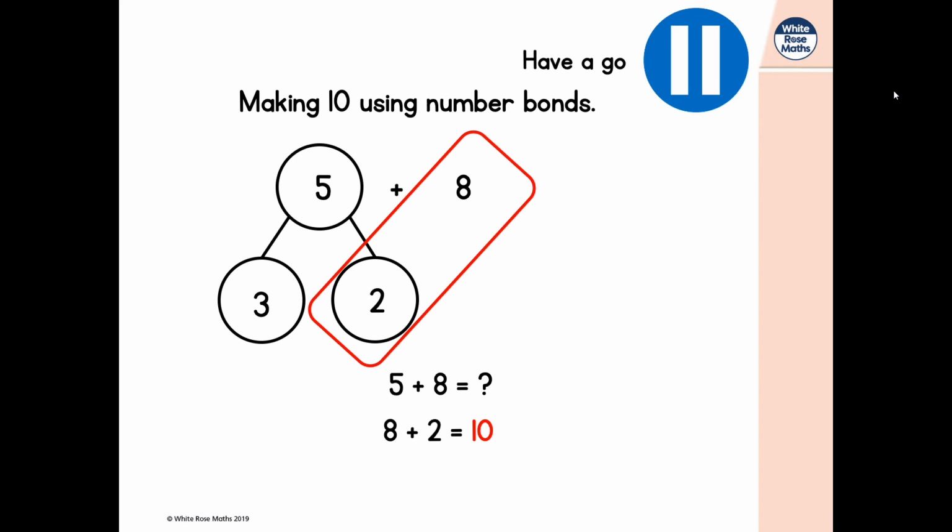But we're not finished yet. Remember, we still have those 3, the other part. We have to add the 3 to our number bond of 10. 10 plus 3 equals 13. Is that how you did it? 5 plus 8 is the same as 10 plus 3? I hope so.